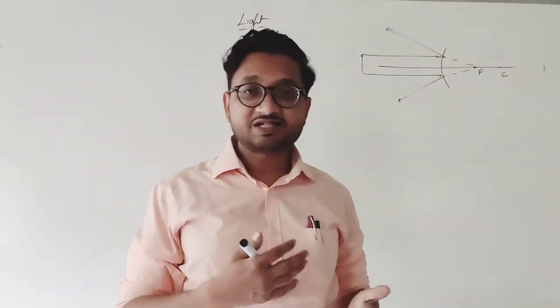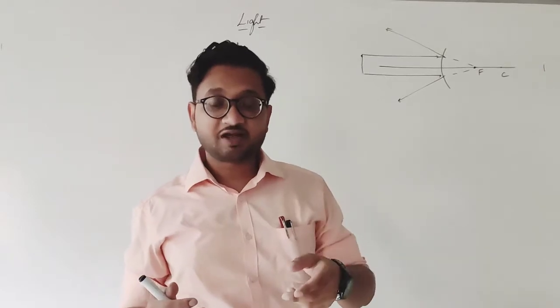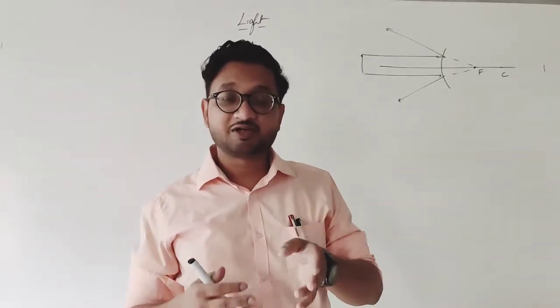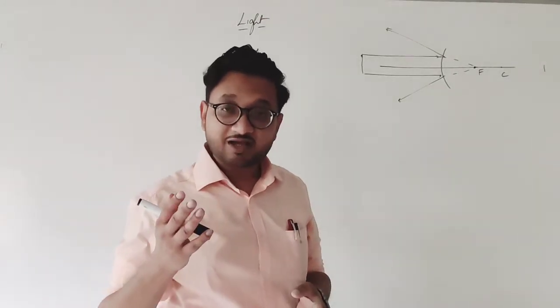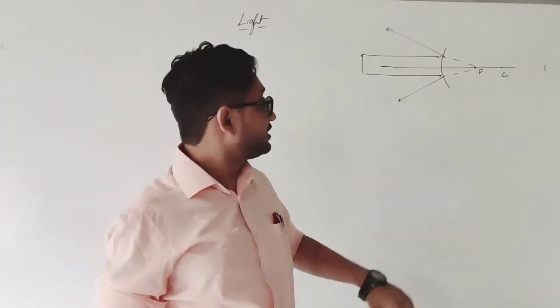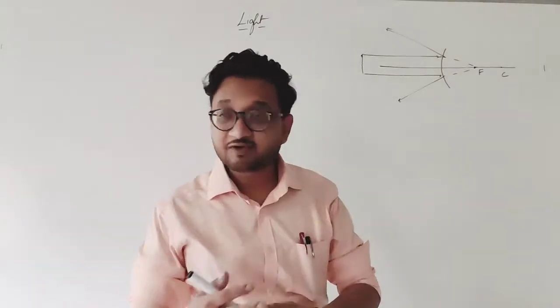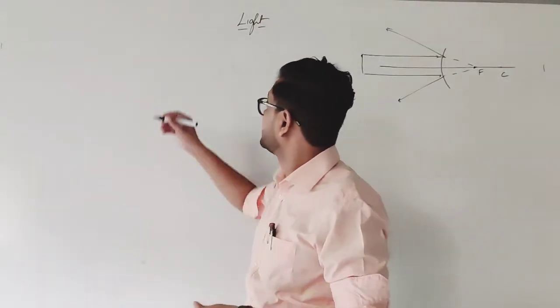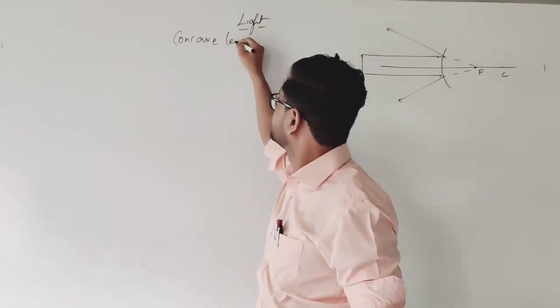There are no fancy cases like beyond C, on C, between F and C, on F, between F and P. So all the different cases of the concave mirror were not similar for the convex mirror. Same thing will happen for us when we are studying the concave lens.